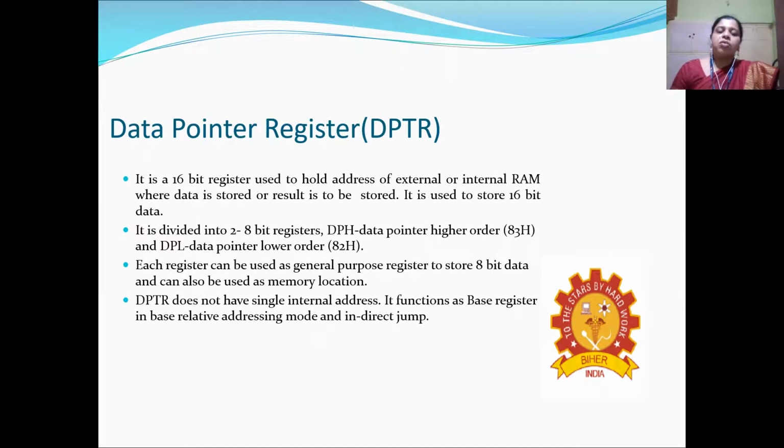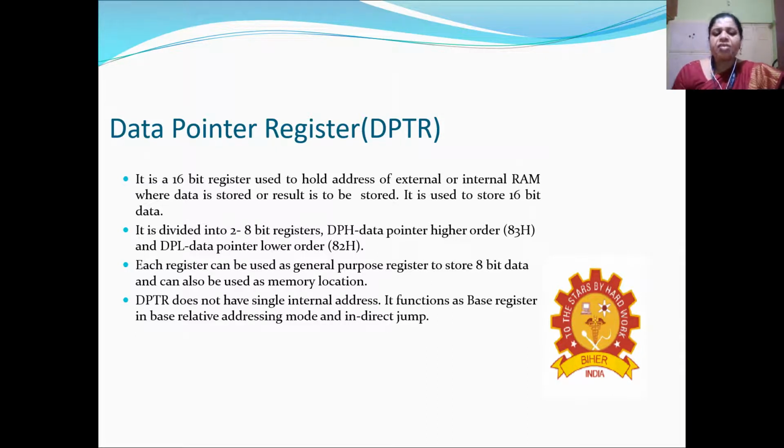Next is the data pointer register. This is a 16-bit register. DPTR consists of two 8-bit registers, namely data pointer high and data pointer low, DPH and DPL. The address of DPH is 83H and DPL is 82H.